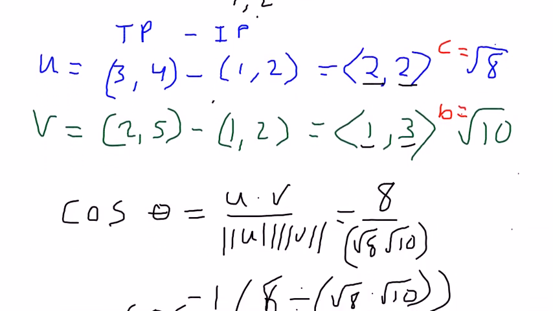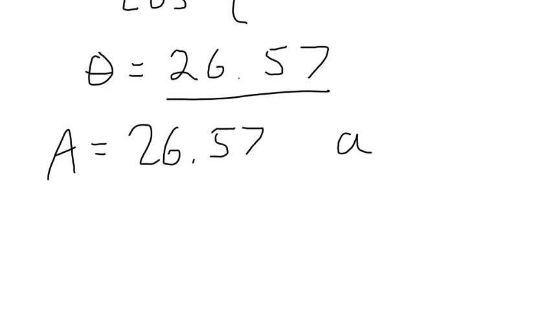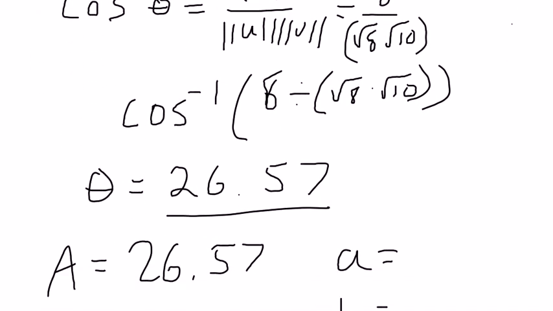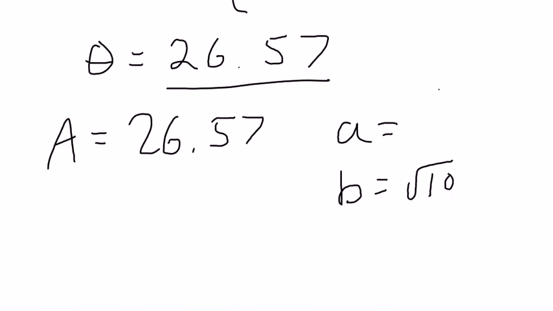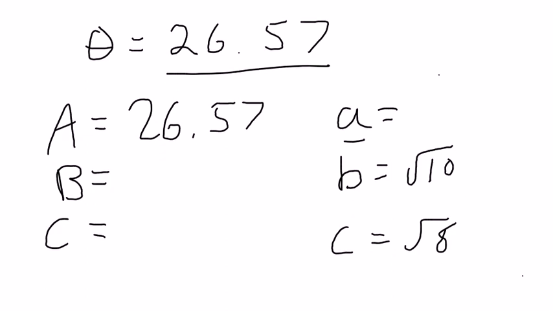So now we have an angle A, 26.57. We don't know little a. We have b, which is the square root of 10. We have c, which is the square root of 8. We don't know angle B. We don't know angle C. Okay, but we can find a now using law of cosines.